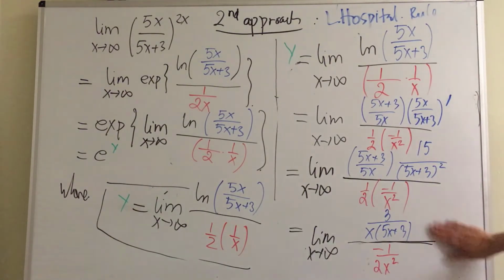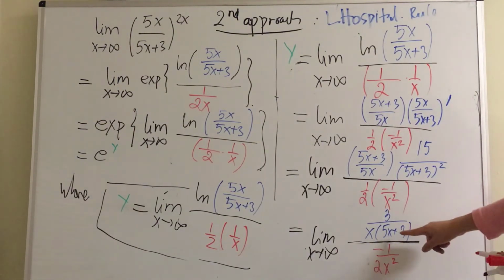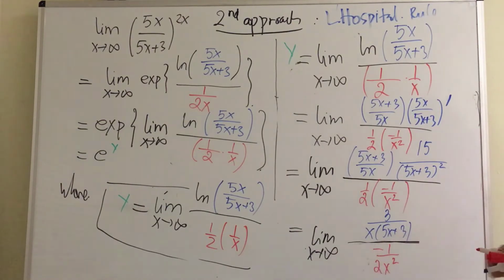So how do you deal with this limit? When x approaches infinity, what do you see in here? The top goes to what? Let me show you this one.